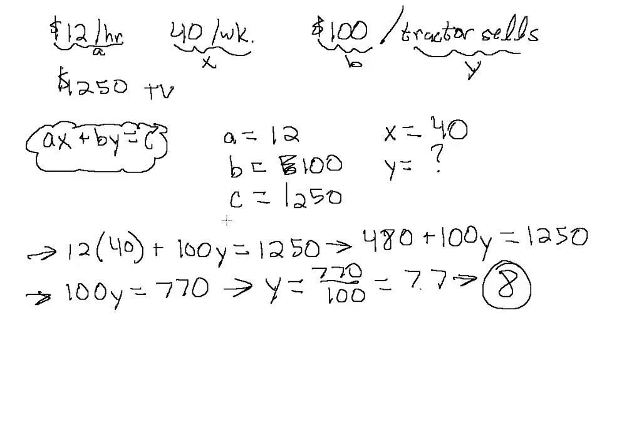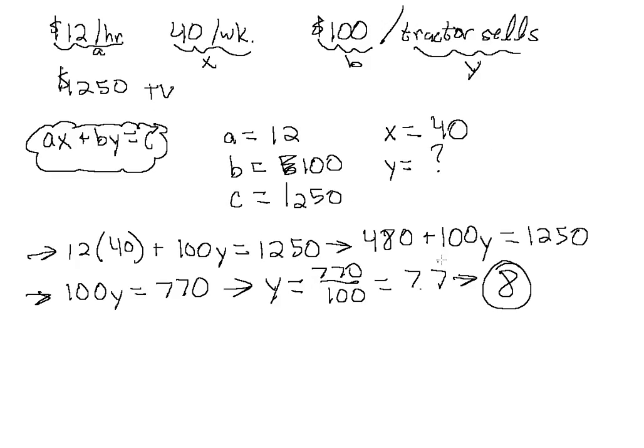So this is a standard form equation, and we need to identify it as such. When we're looking at our word problem, we need to set up our equation so that we're actually solving for the question being asked. We want to know how many tractors he needs to sell to earn a certain amount of money.